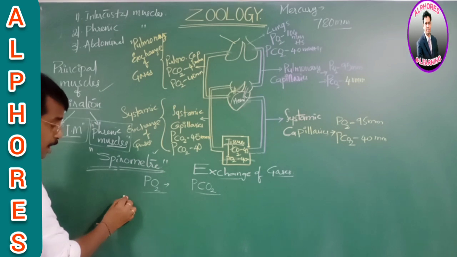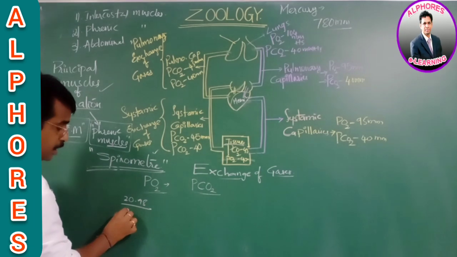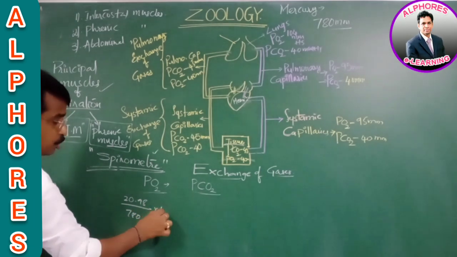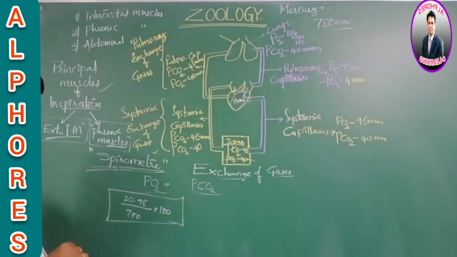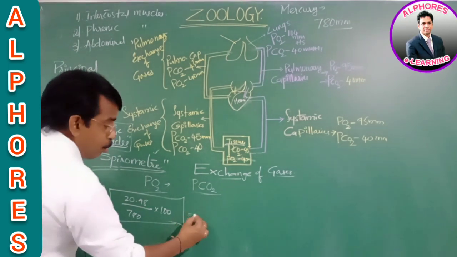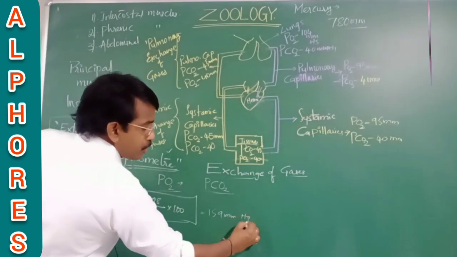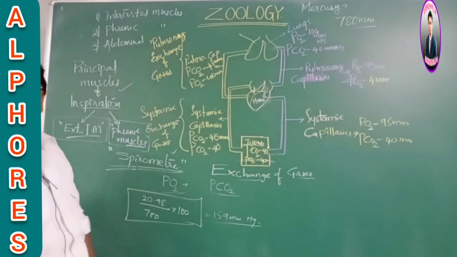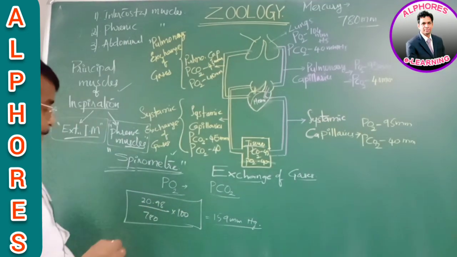So this is a mixture in which the individual pressure exerted by oxygen is 20.98 by 780 into 100. If you calculate this, you will get 159 mmHg as the partial pressure of oxygen.